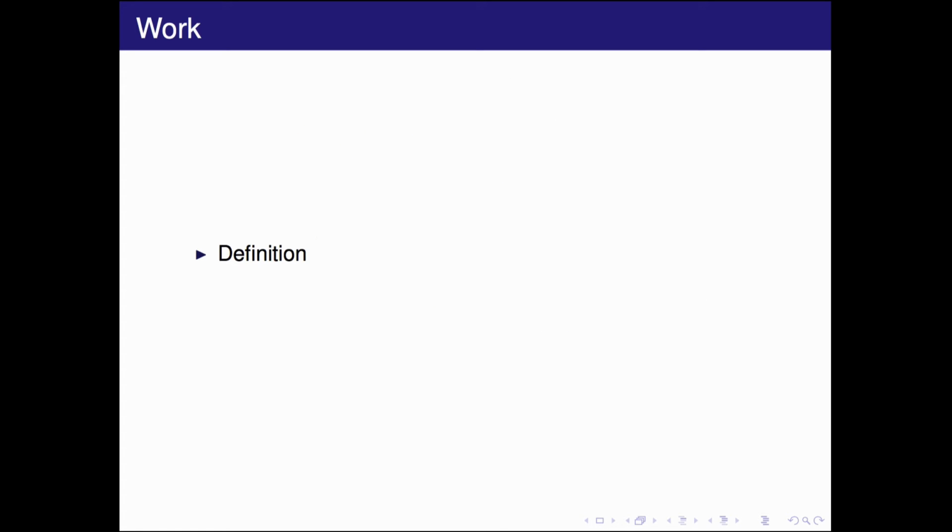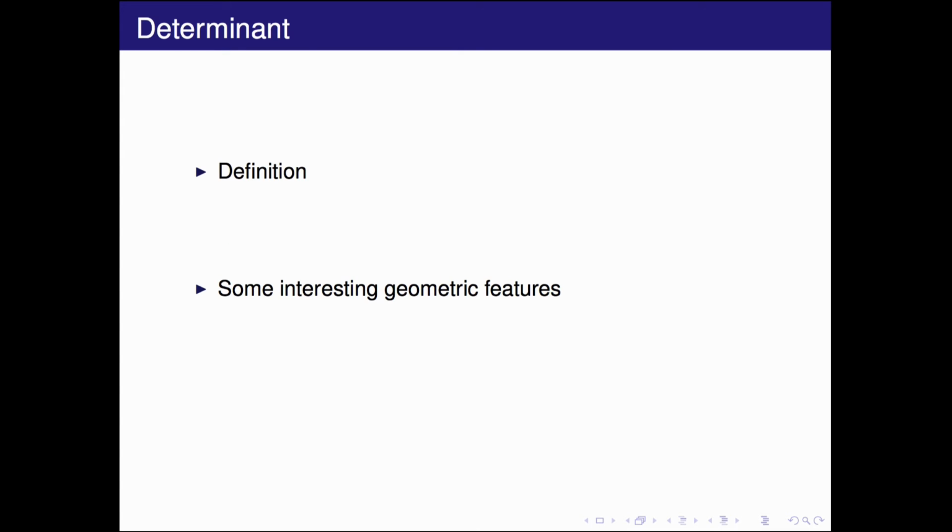So that's work. Now, we'll move on to this interesting definition of what's called the determinant. The determinant is this weird beast that takes as its input a square matrix and sends as its output a real number.